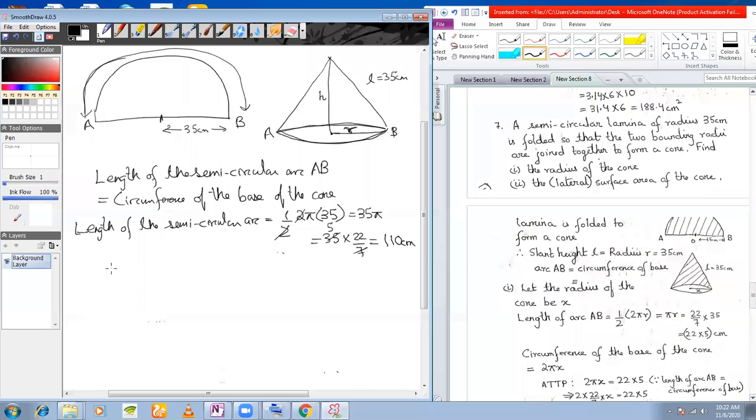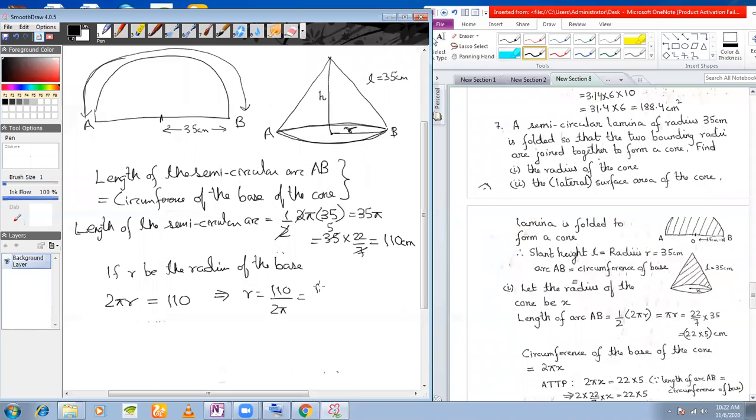If r is the radius of the base of the cone, then the circumference of the base is 2 pi r, which must be equal to the length of the semicircular arc, right? So from here you can determine the value of r. r is equal to 110 by 2 pi.